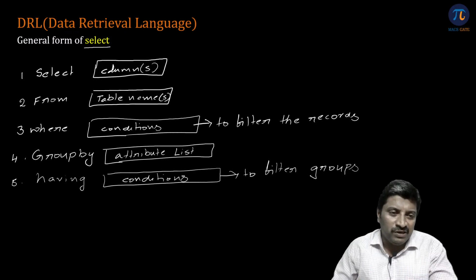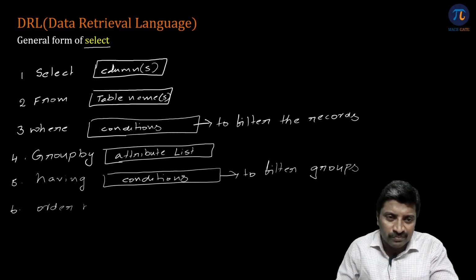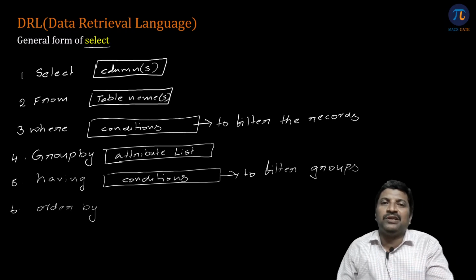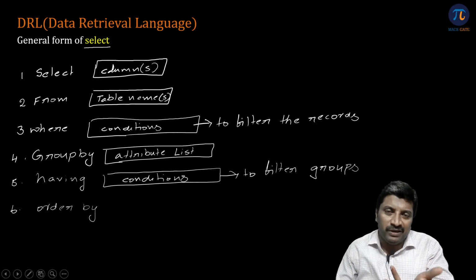So this is the main one, sir. After we get the particular information we need, we may need to order the records. That is, I may need to display the records ordered by roll number, by percentage, or by name.